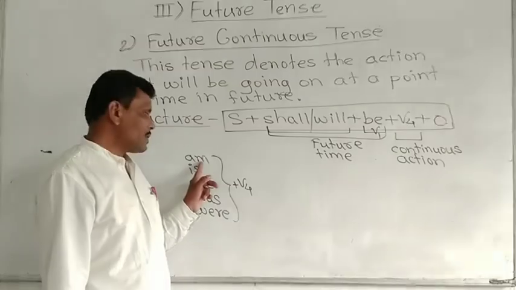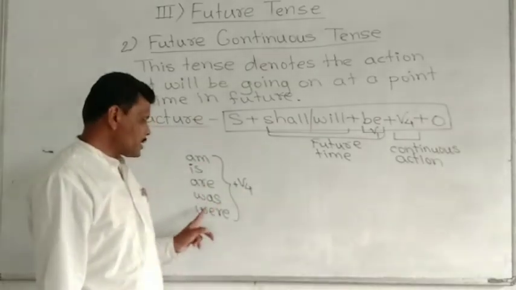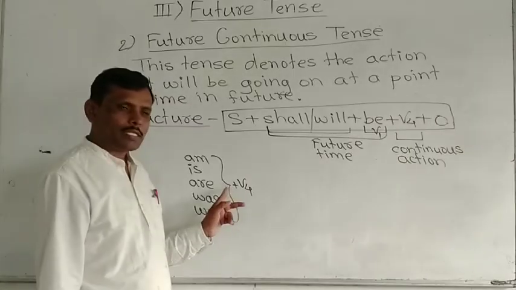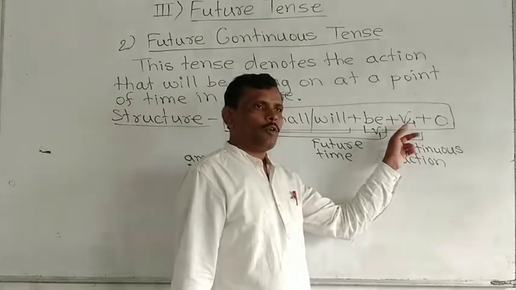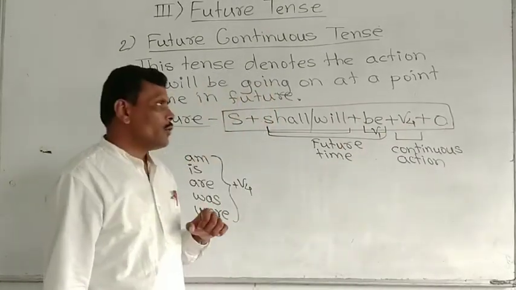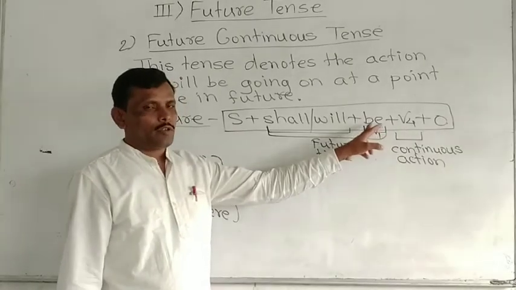The rule is that after these auxiliary verbs we have to use V4. In present continuous tense, am, is, are plus V4. In past continuous tense, was, were plus V4. It means when we use V4, before V4 we have to use a form of be.